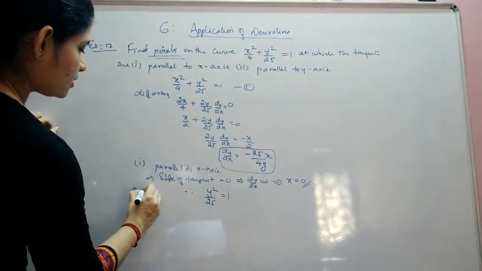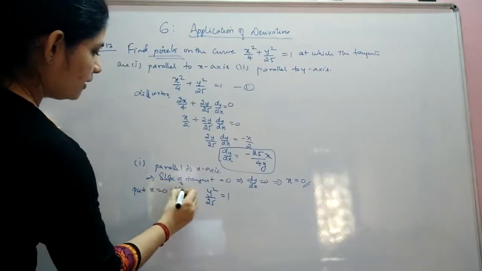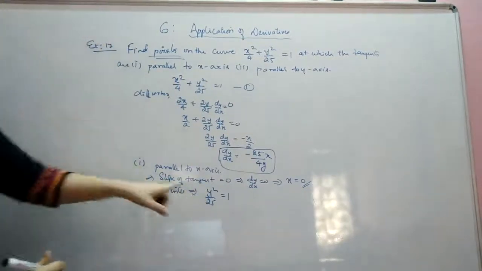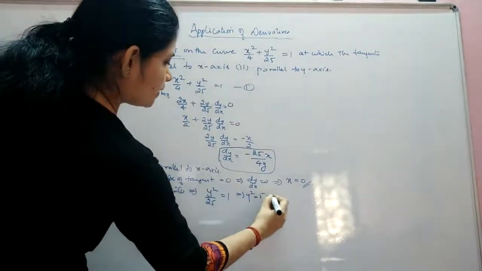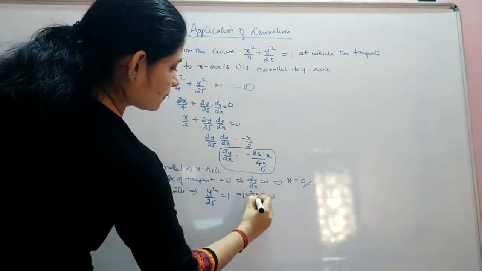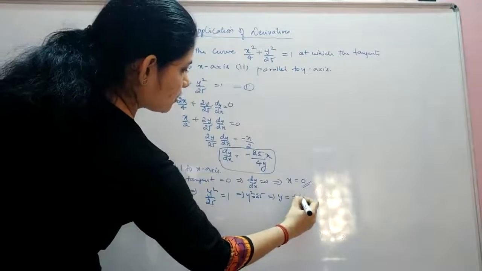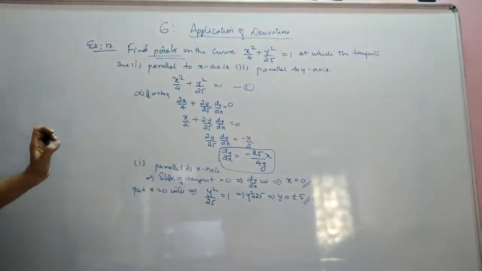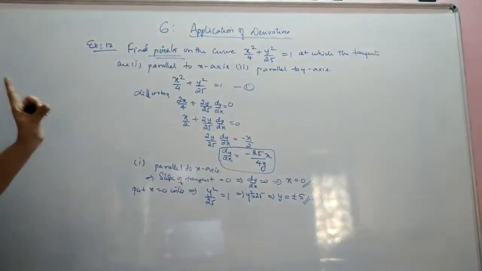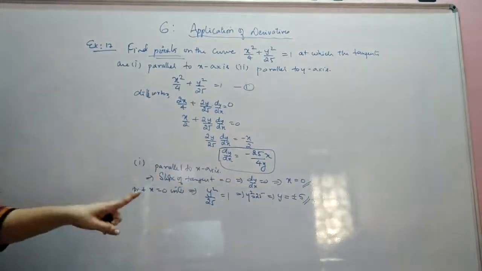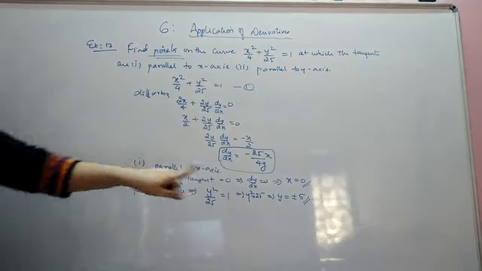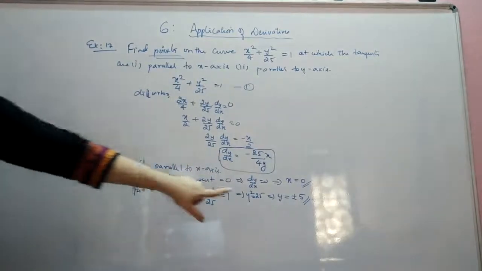So putting x equal to 0 in equation 1 will give you y square by 25 equal to 1, or y square is equal to 25, or y is equal to plus or minus 5. And we have already seen that parallel to x-axis will give you y equal to a constant, y equal to y naught. You remember? We have done that.